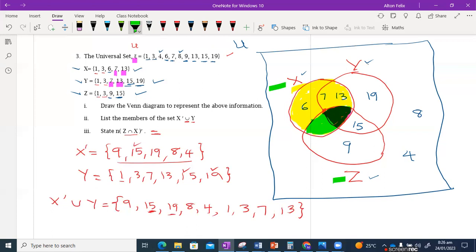Right. And everything outside of that, Z intersect X complement, will be the answer right there. So we can write it. Let's see if we can get enough space to put that down.